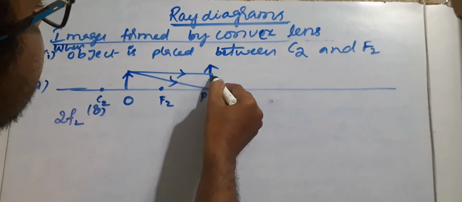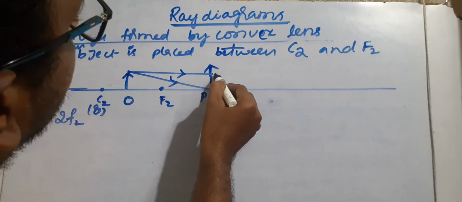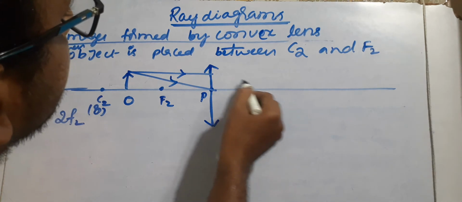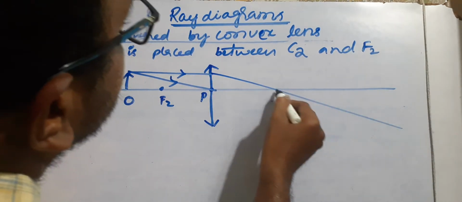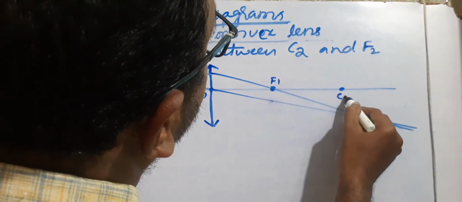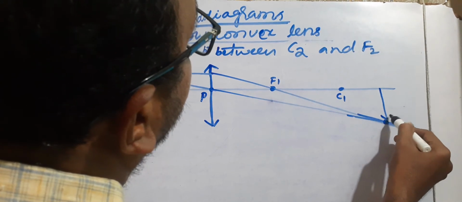The ray traveling parallel to the principal axis, after the refraction, passes by converging or intersecting the principal axis. Here it is the focal point F1. Now you can see both are intersecting here. Suppose this point is the center of curvature C1, and you can see the image is formed beyond the center of curvature C1.